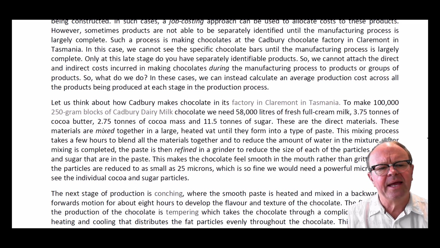So we cannot attach the direct and indirect costs incurred in making chocolates during the manufacturing process to products or groups of products. So what do we do? In these cases, we can instead calculate an average production cost across all the products being produced at each stage in the production process. Let us think about how Cadbury makes chocolate in its factory in Claremont in Tasmania.